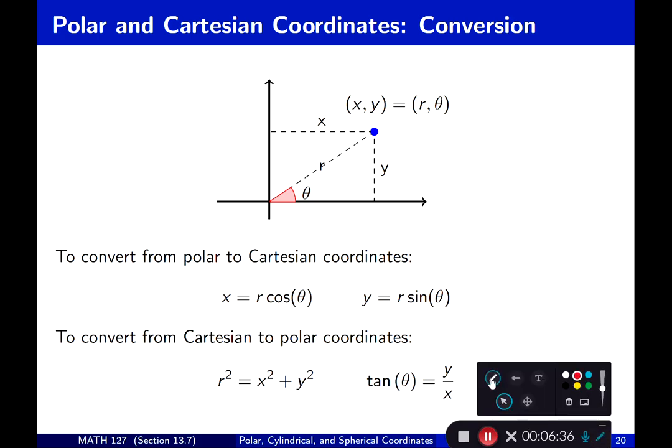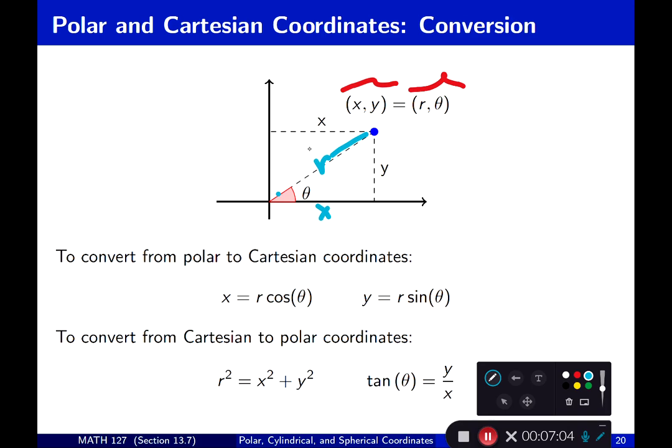And so let's write this out. If x and y is the Cartesian coordinate, and r and theta is the polar coordinate for a point P, then notice here this is r, and this is theta, and this is y, and this is x.